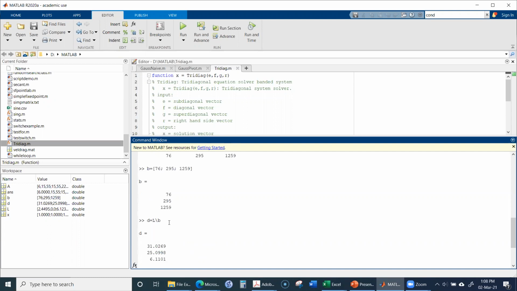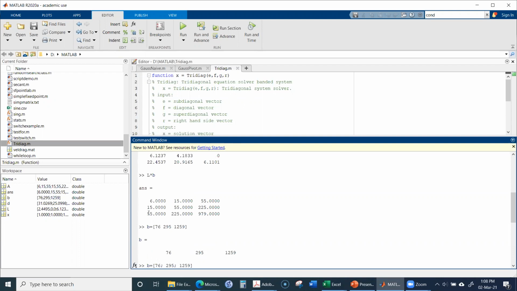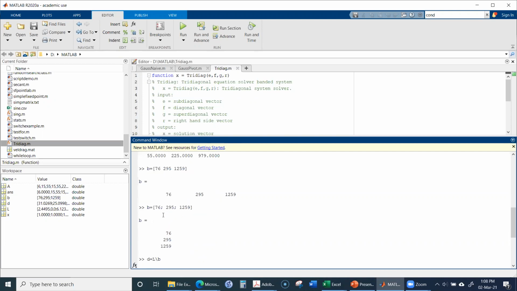Because in Cholesky's method, the LU decomposition factors are transposes of each other, we have used this L transpose over D. L transpose is the upper triangular matrix.